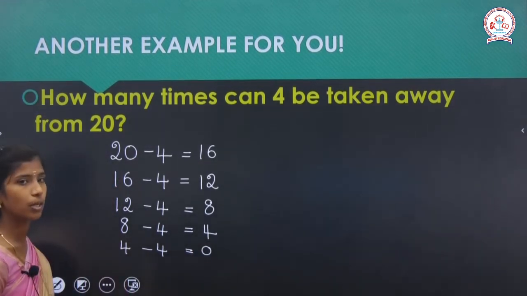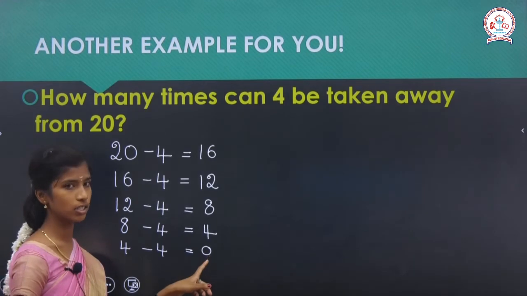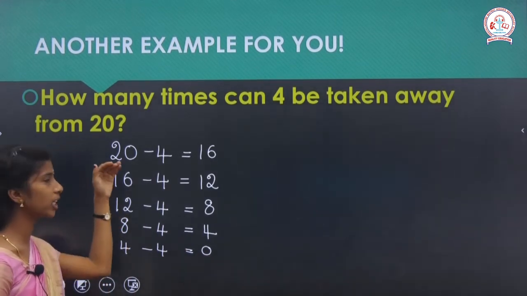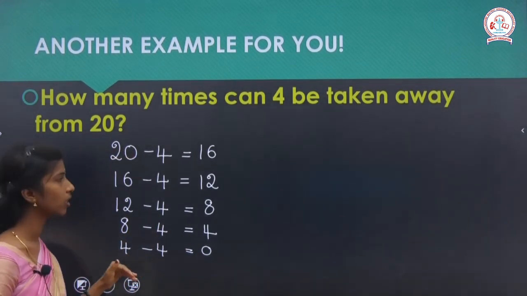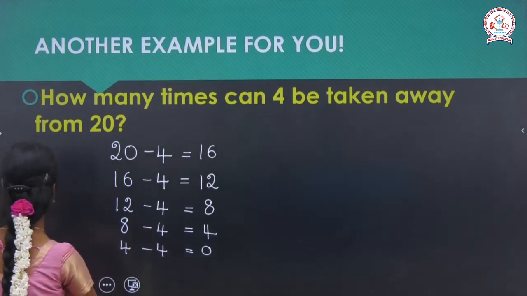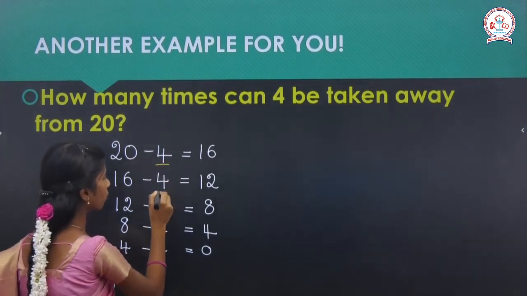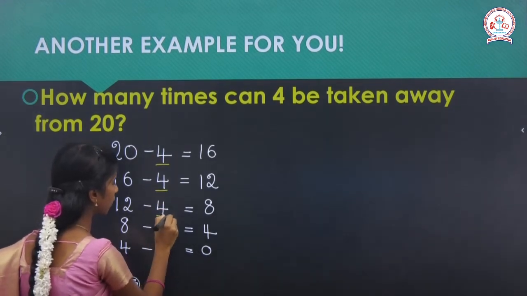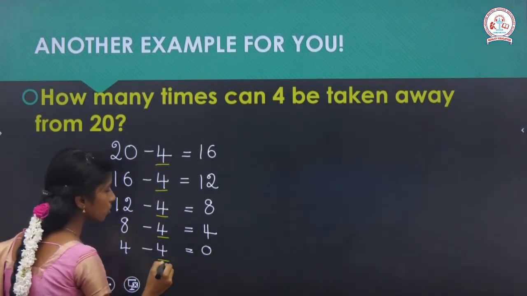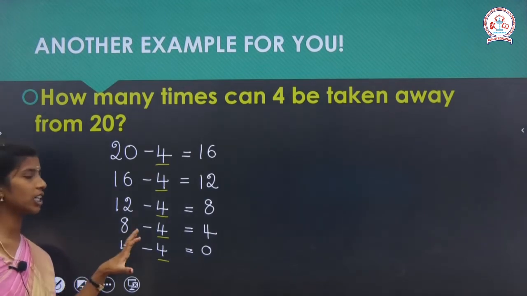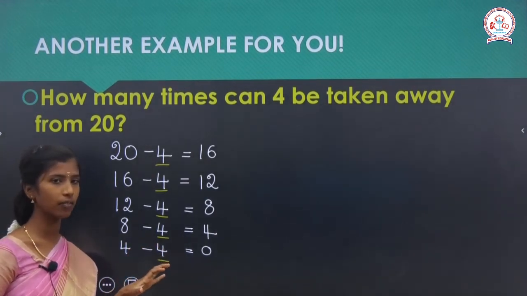Okay, we have to subtract until we get the 0. Here listen children, how many times we have subtracted the same number? The same number is nothing but the 4 here. So we have subtracted 4, 1, 2, 3, 4, 5. So we have subtracted 4 5 times here.